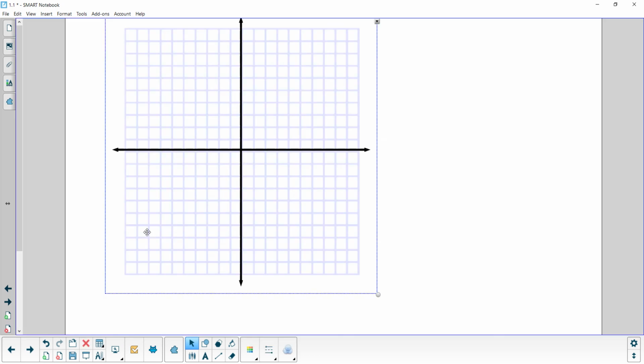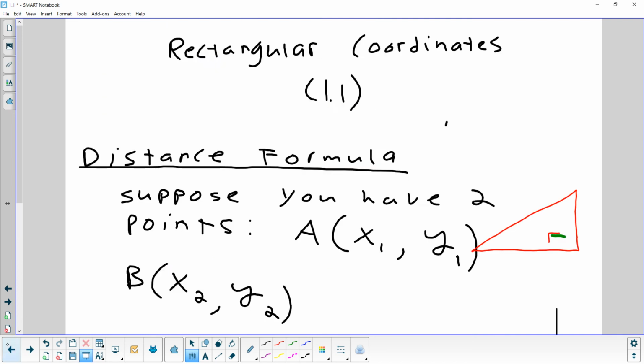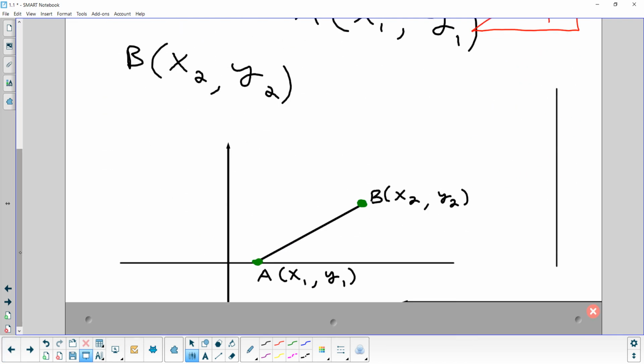So if I said, what's the distance between this point and this point? Well, that's easy. All you have to do is count. 1, 2, 3, 4, 5, 6. Same thing if it was horizontal. 1, 2, 3, 4, 5. The problem comes in when it's on an angle. You can't just count diagonally across squares. Right? And that's what this distance in this case is. It's on a diagonal.